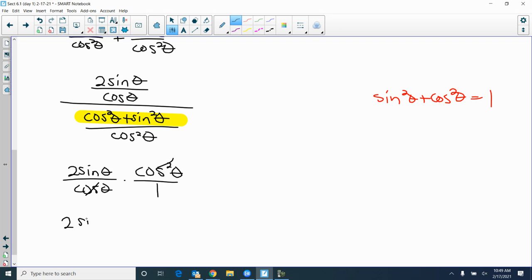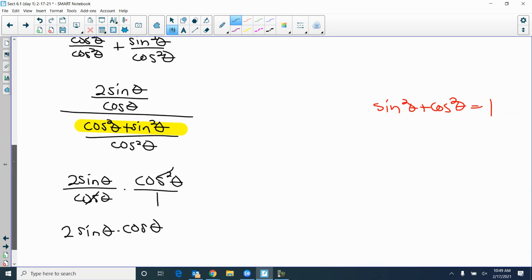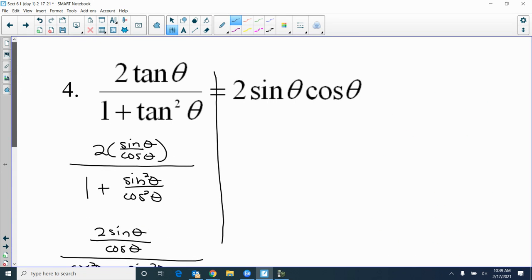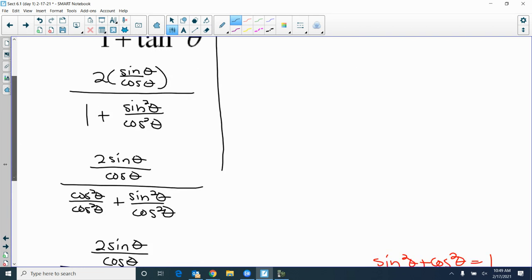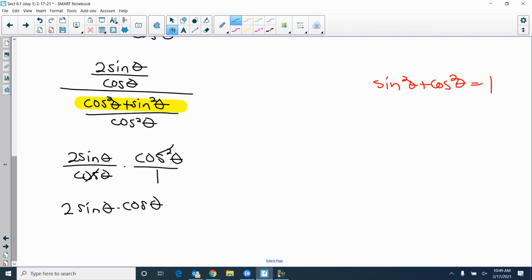I'm left with 2 sine of theta times cosine of theta. Like I said, if you recognize that 1 plus tangent squared is secant squared, you're going to save yourself a couple steps. But in reality, 30% of you will see that, 70% of you will go sine squared, make it sines and cosines.